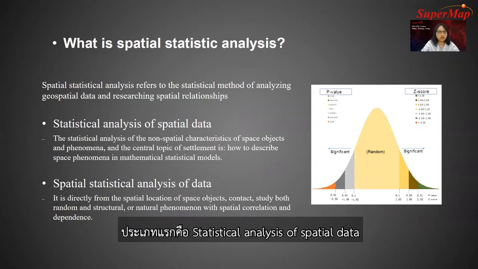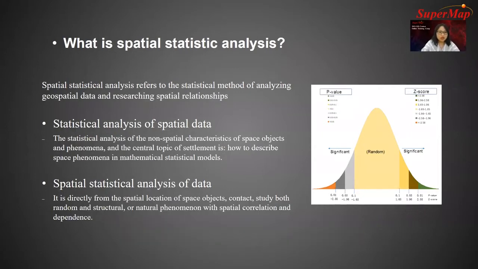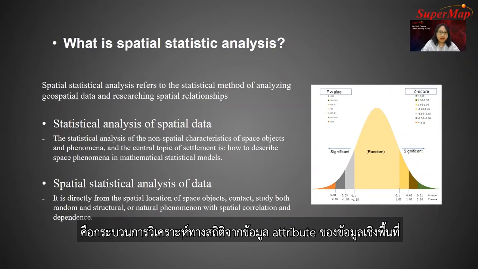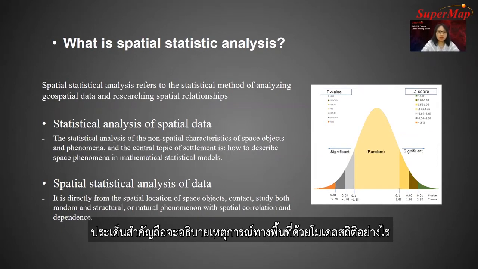The first one is the statistical analysis of spatial data. This one is the statistical analysis of the non-spatial characteristics of spatial objects and phenomena. And the central topic is how to describe spatial phenomena in mathematical statistic models.